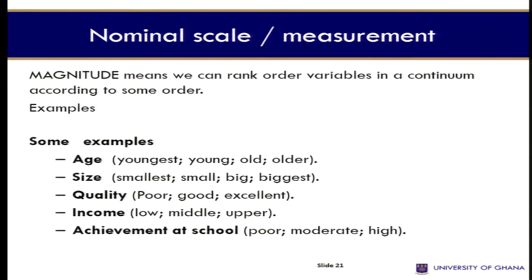You see that I am ranking the categories according to some pattern. I start from youngest, I come to young, come to old, and then older. Smallest, small, big, and biggest. That is the ordinal scale. So it has two properties: identity and magnitude.